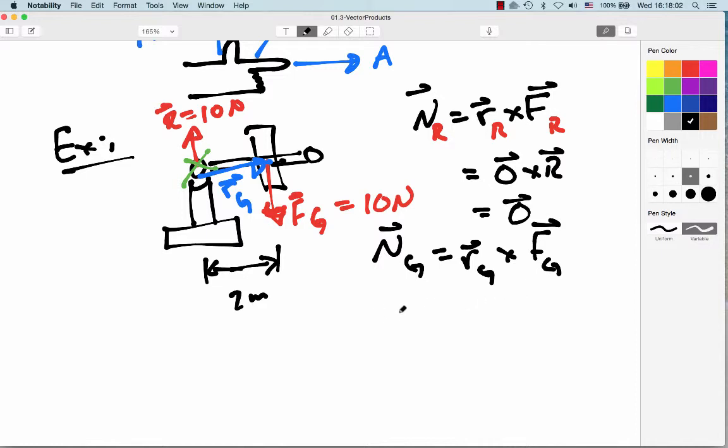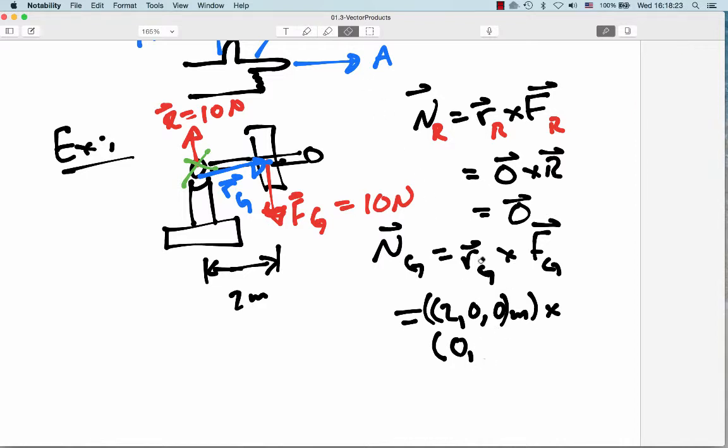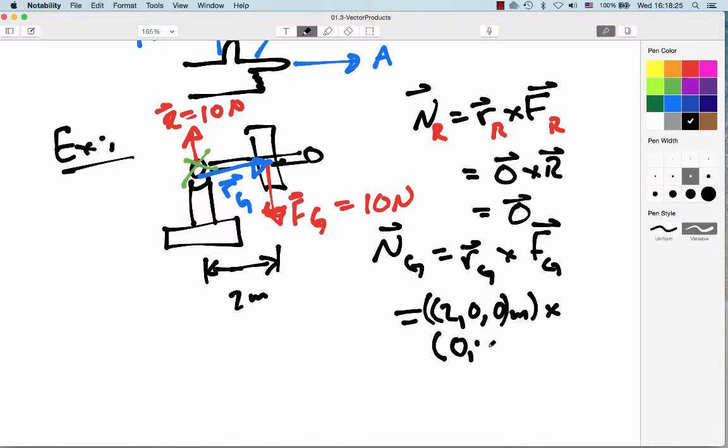All right, so if we do this by components, we see that Rg would be located at 2, 0, 0 meters. And we'll be crossing that with the force of gravity, which will be 0, 10, 0 newtons.